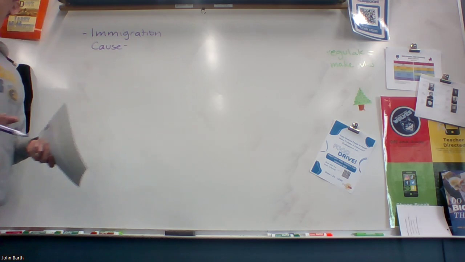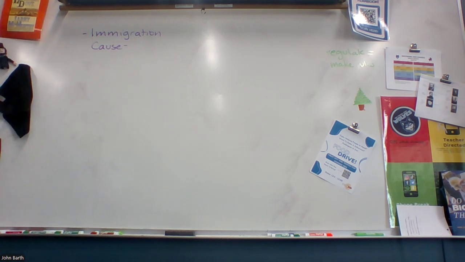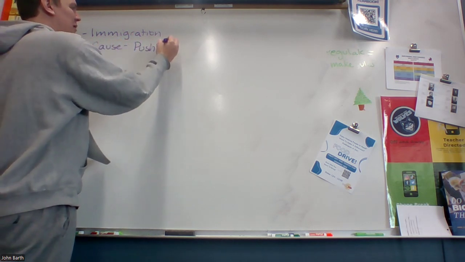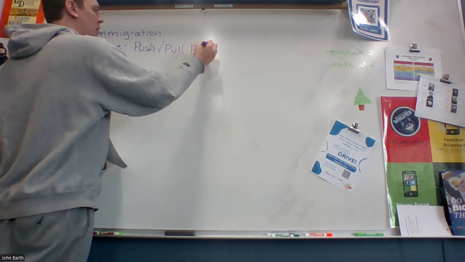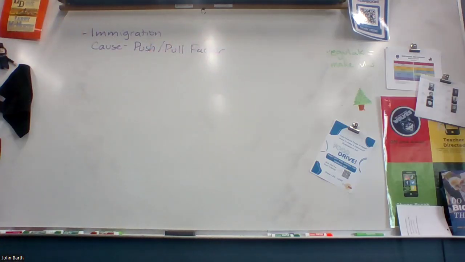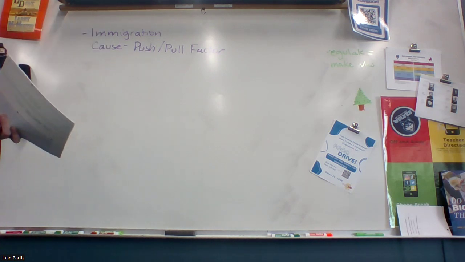What leads to it? Okay, we have a variety of push and pull factors. A push factor is a reason why you leave your home country. And there's a couple of big push factors we talked about in this unit. What's the biggest, easiest push factor?